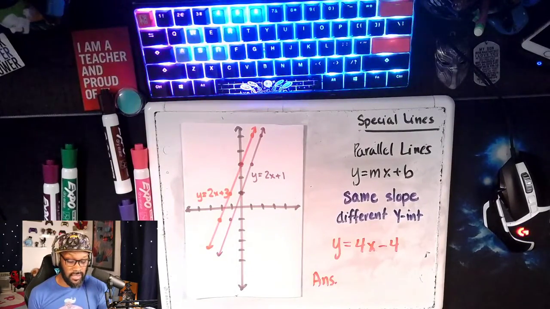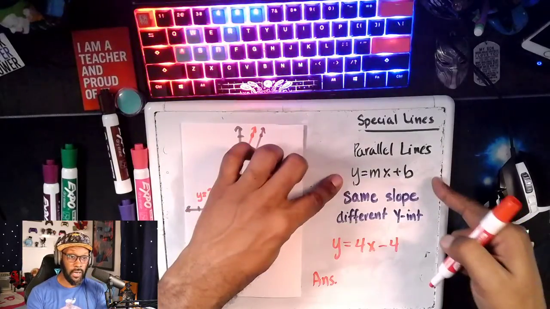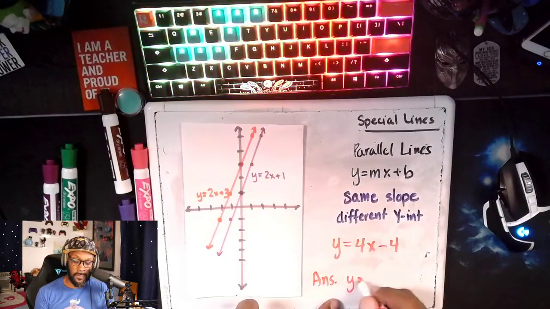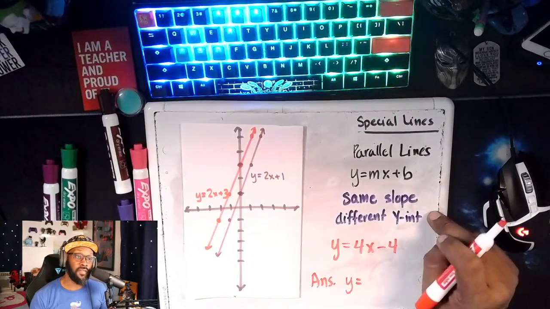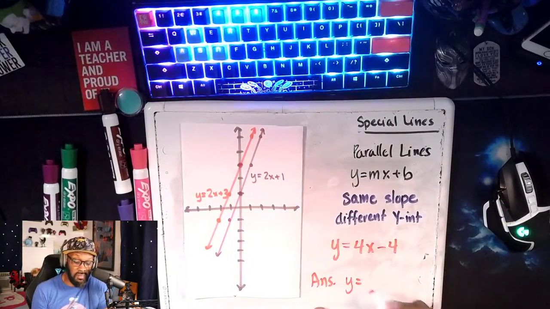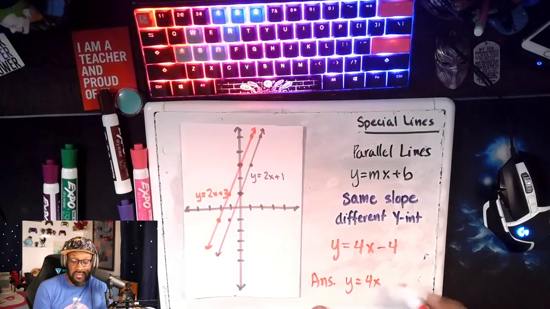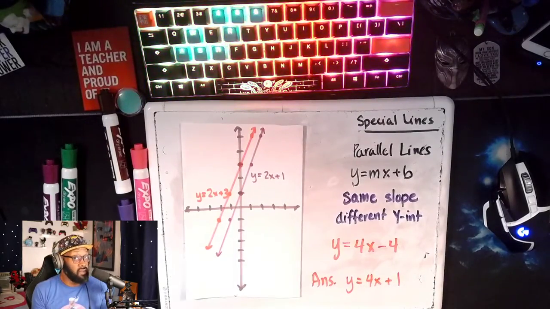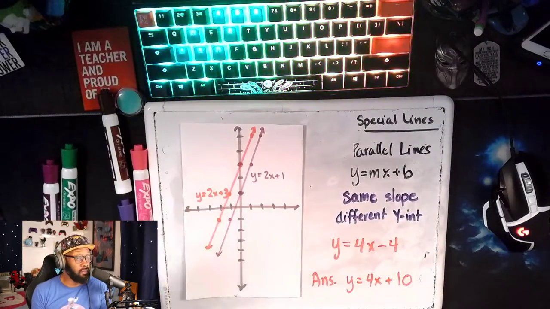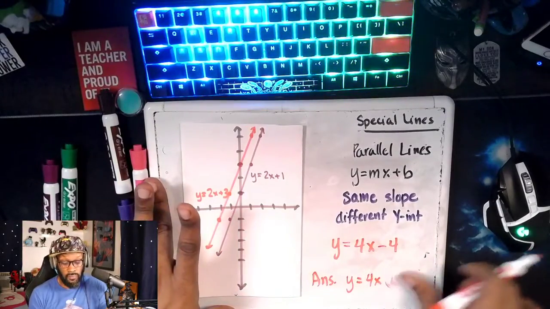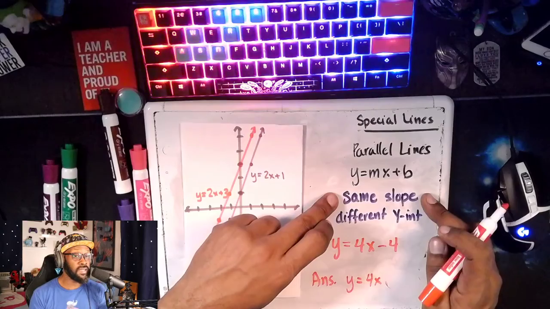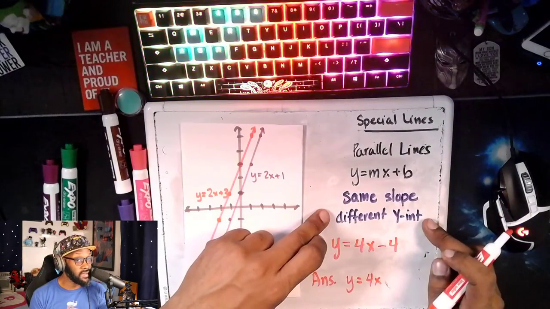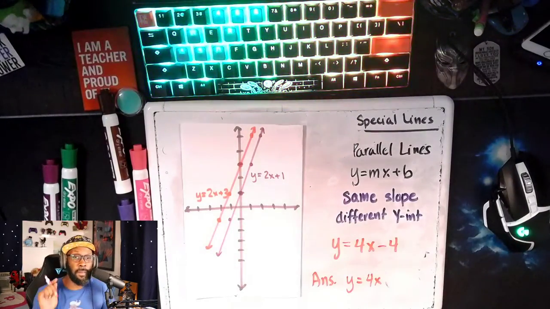Well, you know you're going to start with y equals, and because they're parallel, they have to have the same slope, but different y-intercept. So your answer could be y equals 4x plus 1, or plus 10, or y equals 4x. As long as the slope is the same and the y-intercept is different, you have given an example of a parallel line.